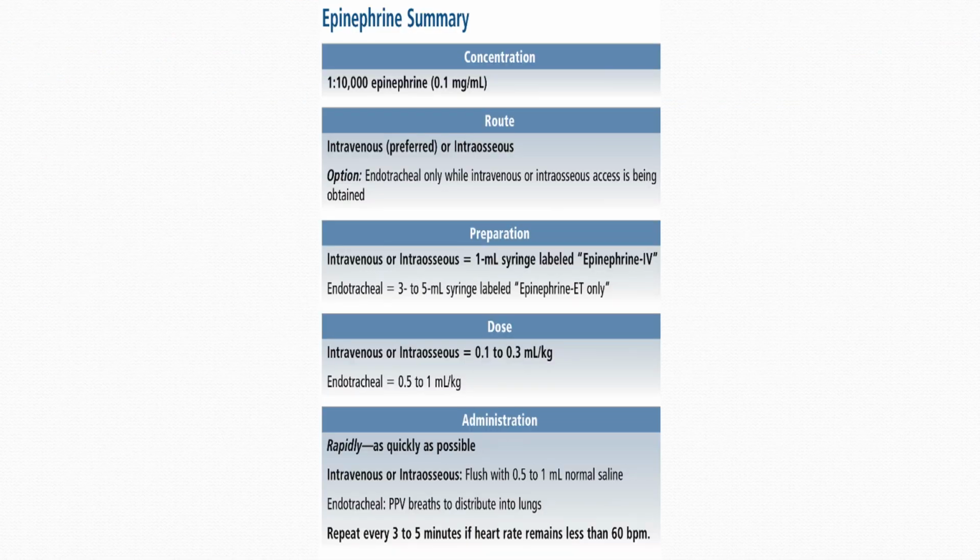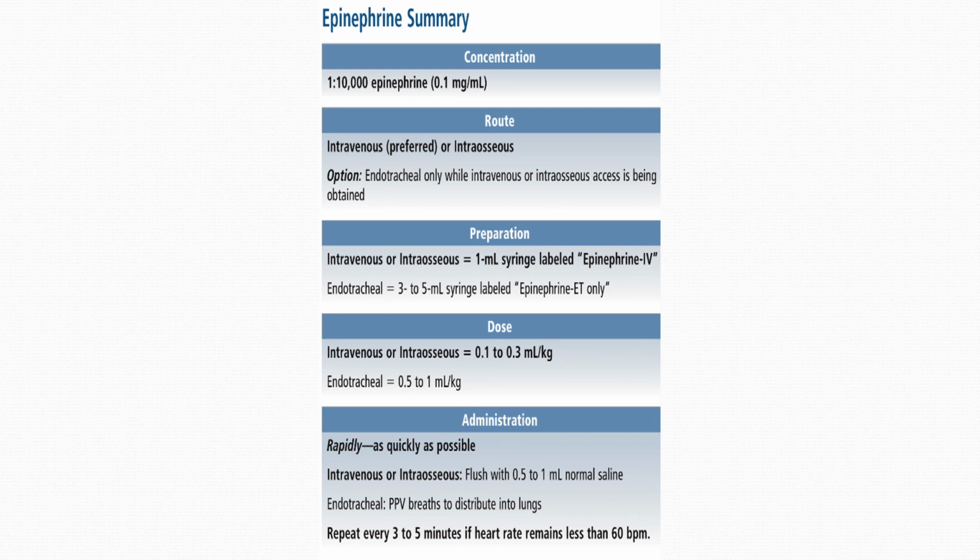And this is how we should use it; there are two concentrations of epinephrine. We have 1 to 1,000 and 1 to 10,000. So this is how we use it, by intravenous or intraosseous, and the doses for each administration.